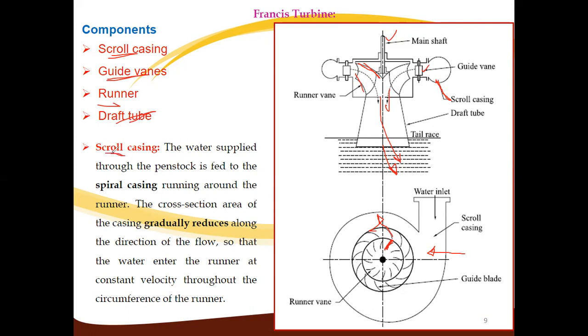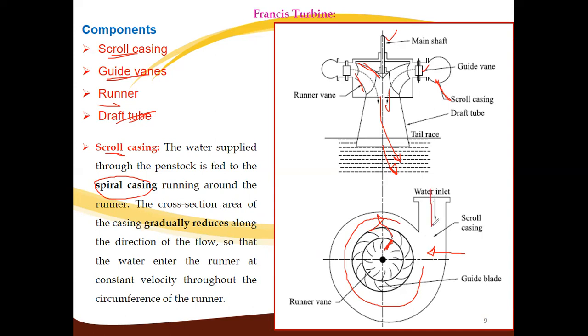It is the scroll casing. The water supplied through the penstock is fed to the spiral casing, which is running around the runner. The cross-sectional area of the casing is gradually decreasing.